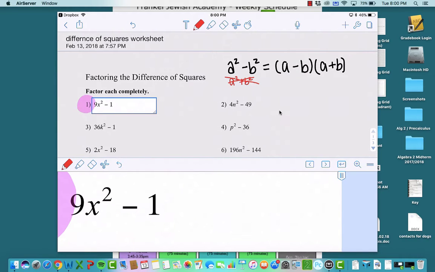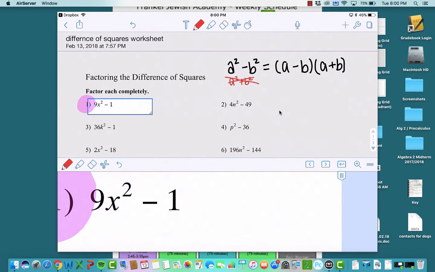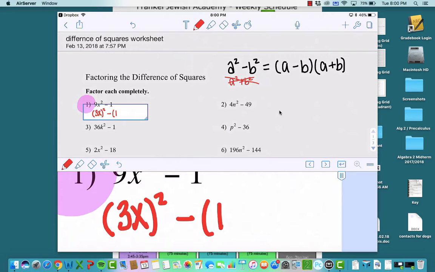So let's start with example 1. Example 1 is 9x squared minus 1. The basic steps to this is to try to figure out what the square root of each part is. So if you look, 9x squared is just 3x squared. Whoa, I say squared and I write cubed. Doofus. And then 1 squared.